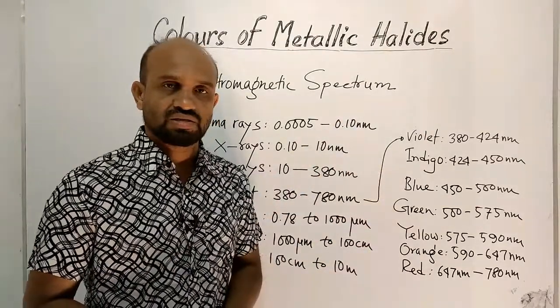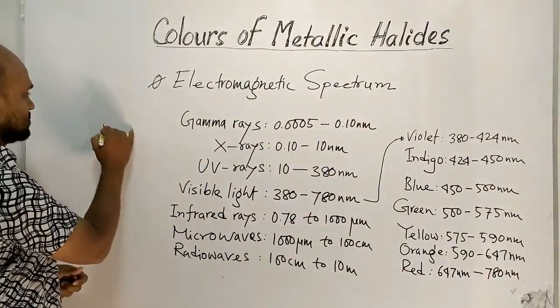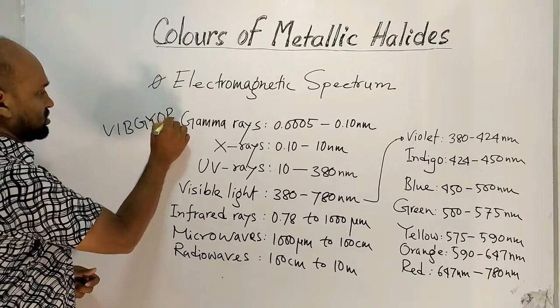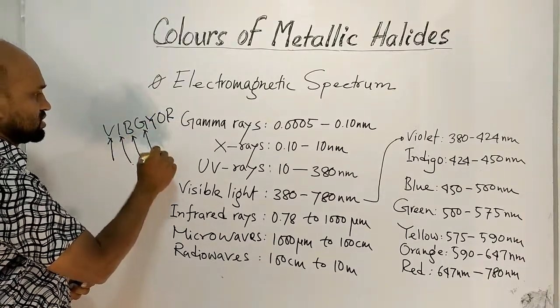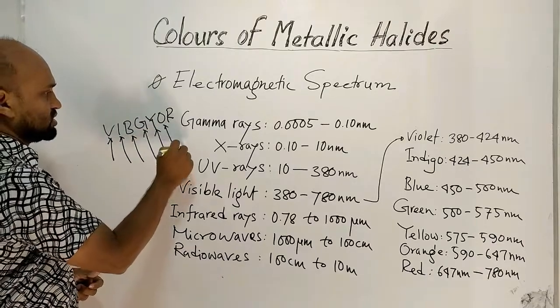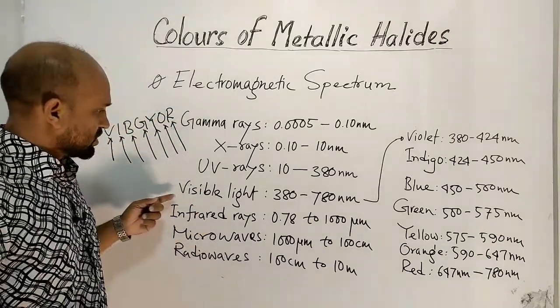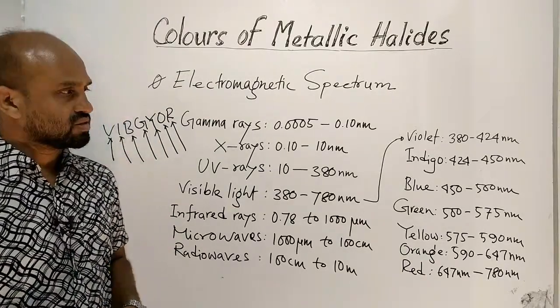These regions are together called VIBGYO. Violet, indigo, blue, green, yellow, orange, red. So visible light is divided into 7 regions.